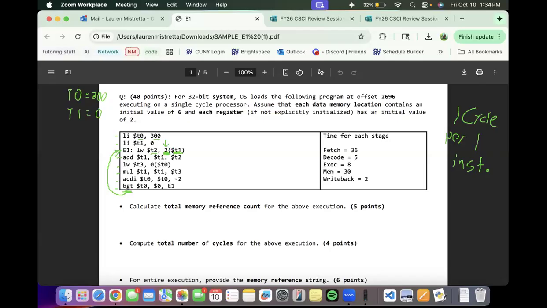So this is saying that I am 2 bytes, aka 16 bits, away from the value I'm loading here, right? So I'm loading into T2 the value denoted by the mem address of T1, offset by 2.